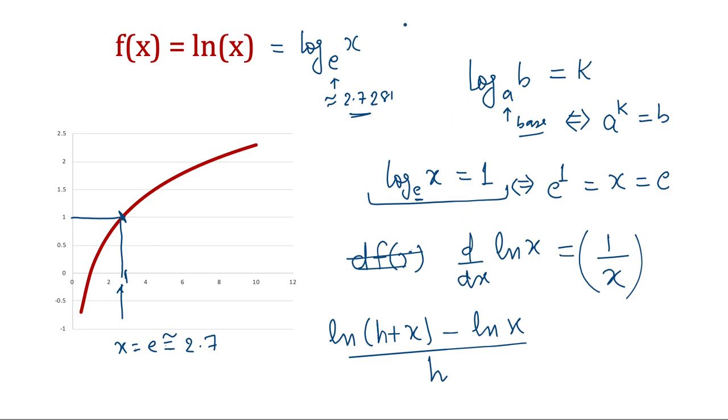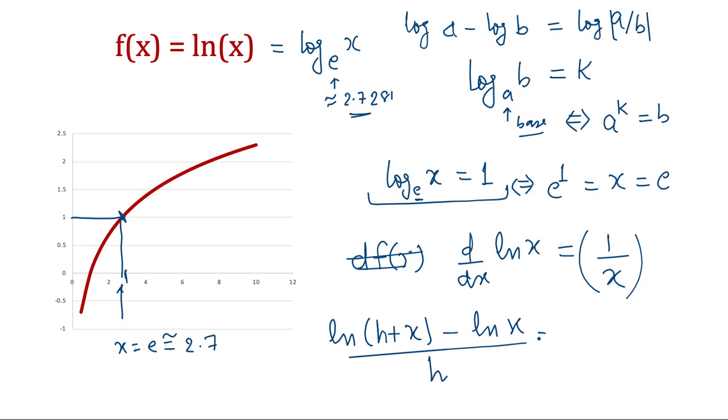Now log of a minus log of b, irrespective of base, if these bases are the same, then this will be log, in the same base whatever you have used, of a divided by b. And here it's natural logarithm, so the base is e.